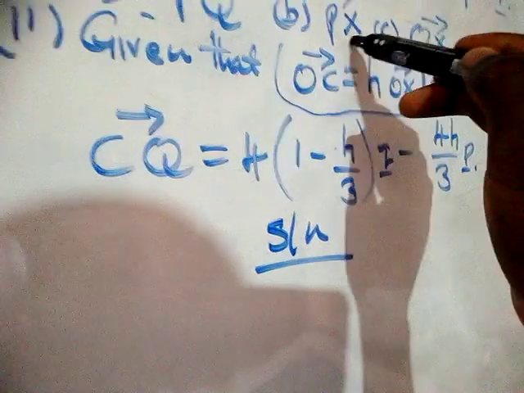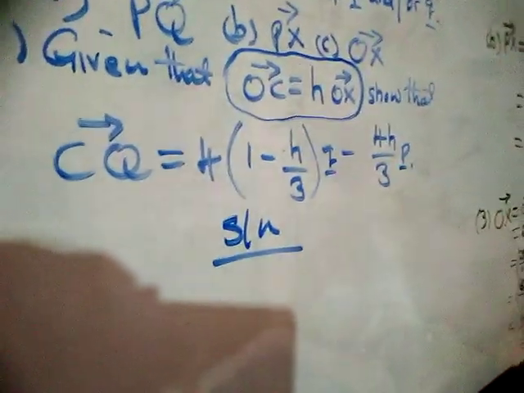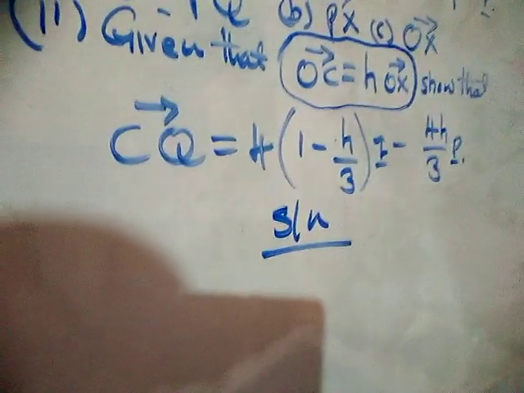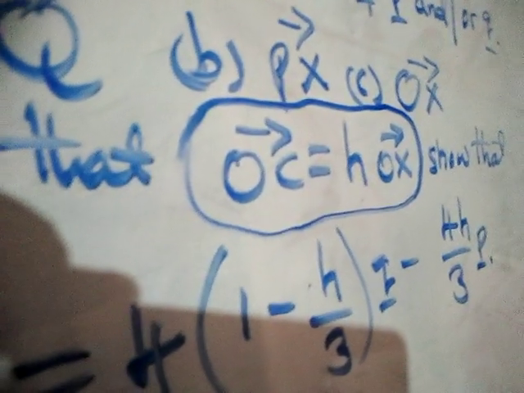Okay, we use this information as much as possible. So remember, we are moving from C to Q. Before you move from C to Q, it's important to know what vector OC is, the one given in the question.